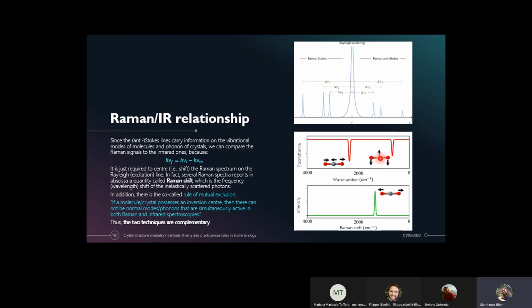So the only active mode in Raman spectroscopy for carbon dioxide is this signal here for the symmetric stretching of the carbon-oxygen bonds. So it is very important to know the symmetry of your object and how your sample or your environment may affect this symmetry.